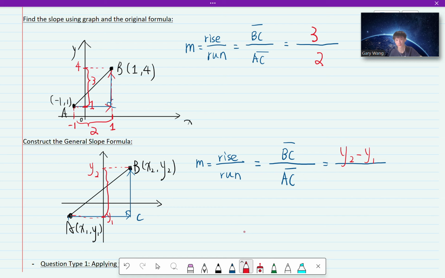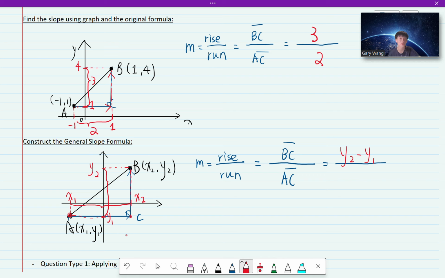What about AC? We need to use the x value this time. For point A, we have an x coordinate of x1, and for point B, we would have an x value of x2. And the distance between point A and point C corresponds to the distance between x1 and x2.